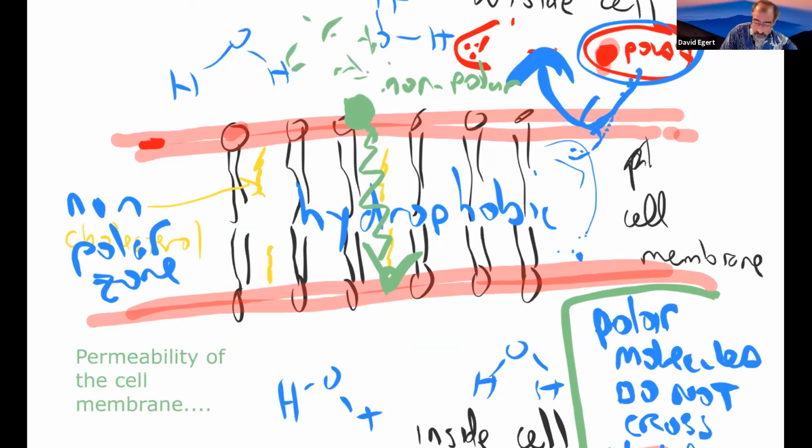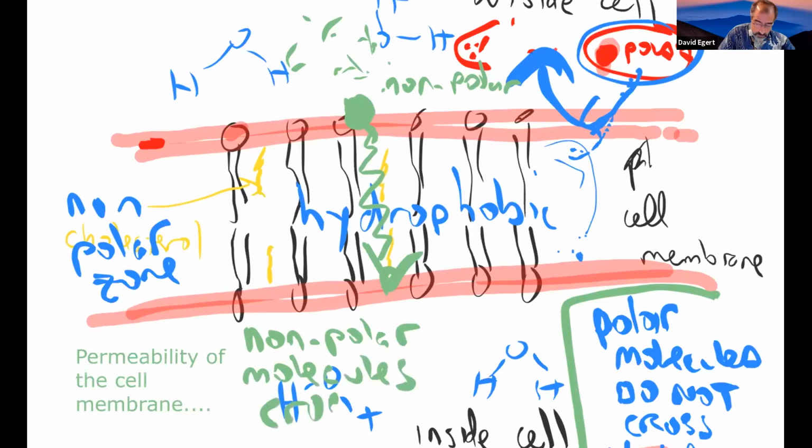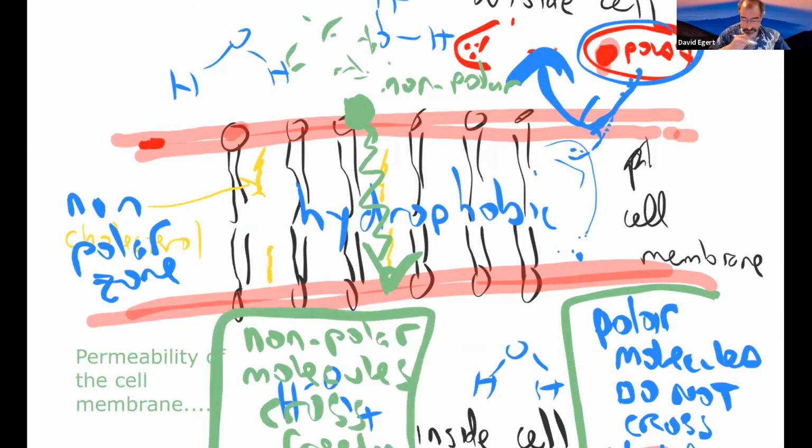So non-polar molecules can cross freely. So this is important. Non-polar molecules will move across the membrane just because of their chemical properties, and they don't need anything extra. Polar molecules in general do not cross the membrane without help.